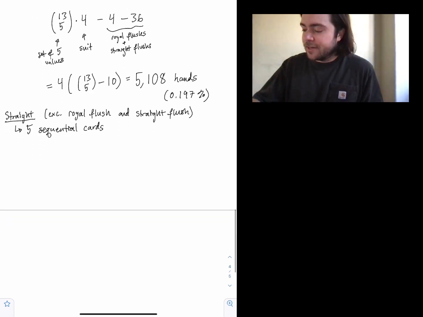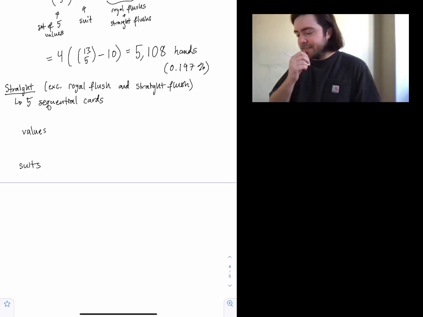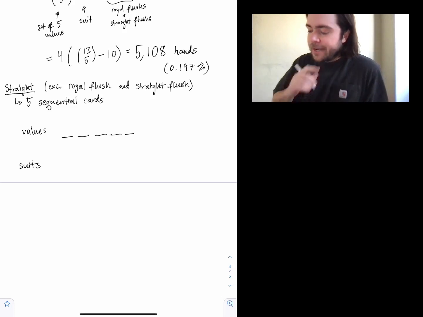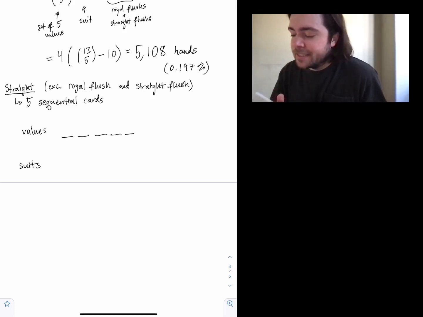Okay, 5 sequential cards. So how do we count this? Well, again, let's break it up into values and suits. Okay, so I have my 5 cards here. And what are my options for the values? Well, how many different sets of 5 cards are there that have 5 sequential values?